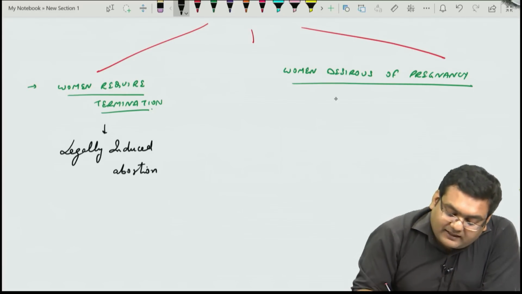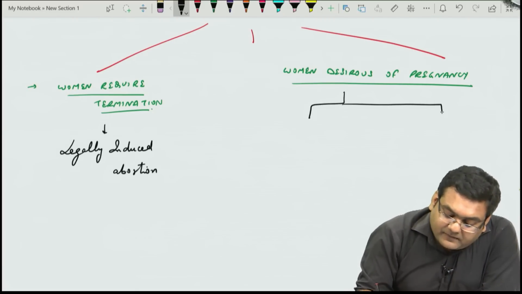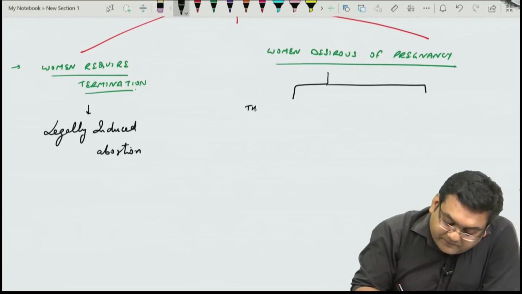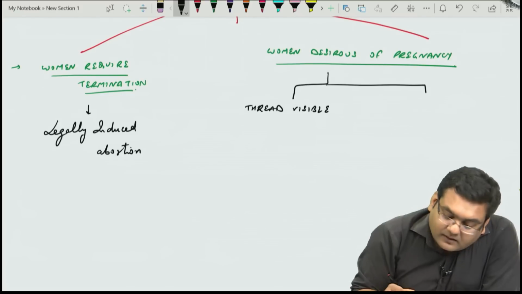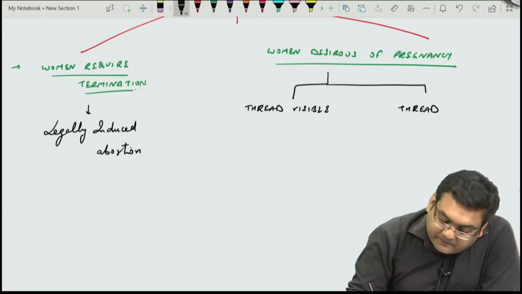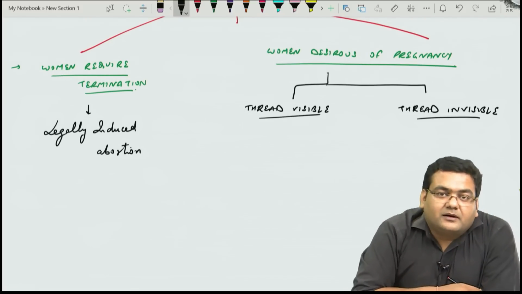Whereas in the second case, we can go for again 2 things. Copper T threads are visible and copper T threads are not visible.